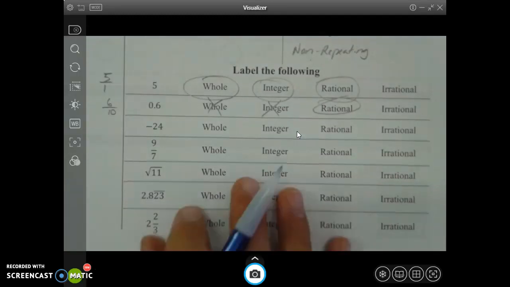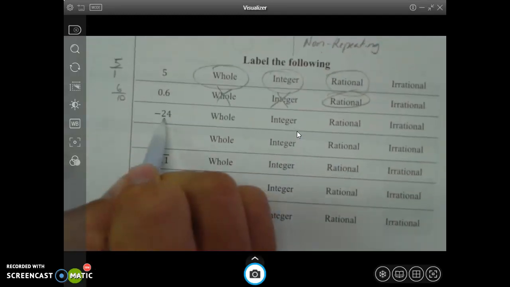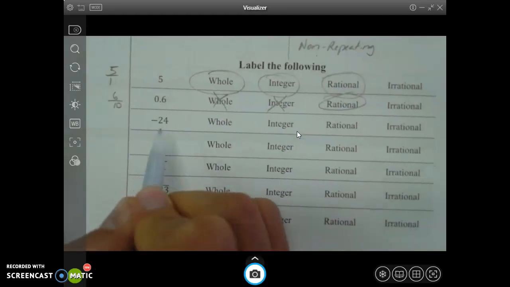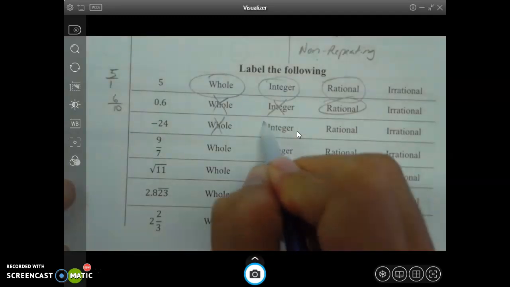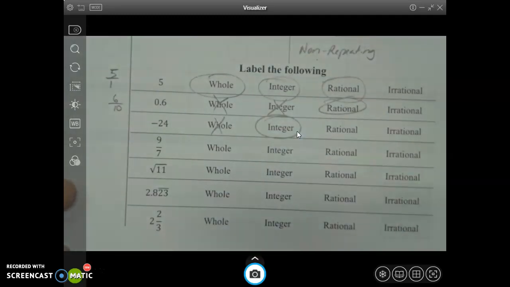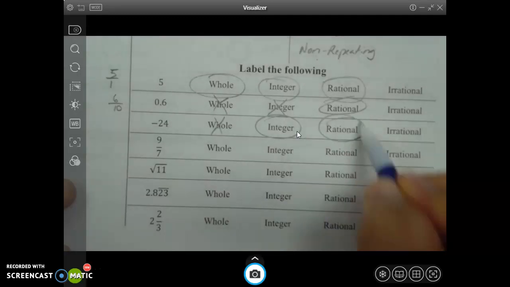Moving on. Is negative 24 a whole number? If we remember, whole numbers are 0 through infinity, but they do not include negatives. What includes negatives? Integers. So it is an integer, and if it's an integer, it is rational.